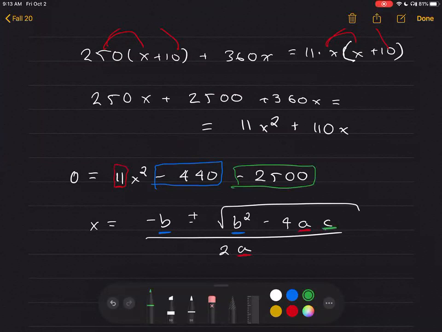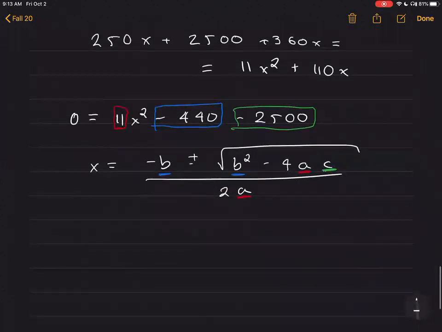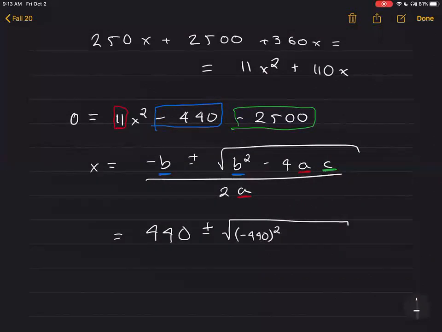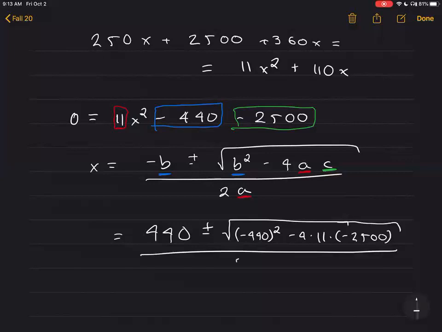So we'll plug those in, and negative 440 is just positive 440, plus or minus the square root of negative 440 squared minus 4 times 11 times negative 2500, all over 2 times 11.